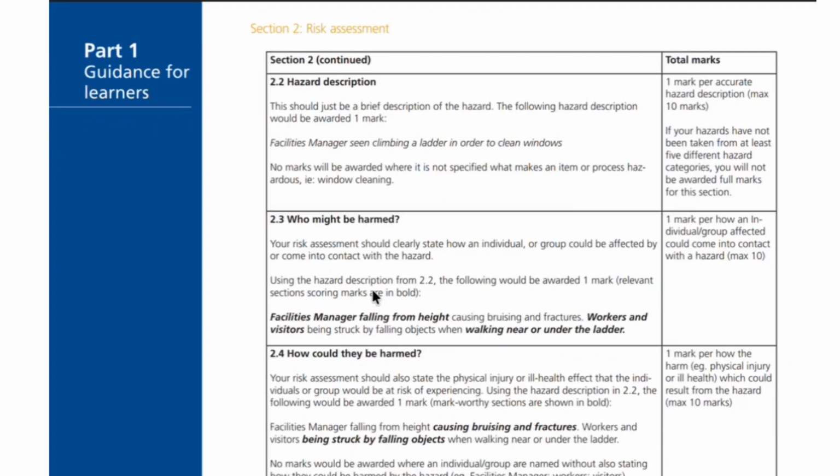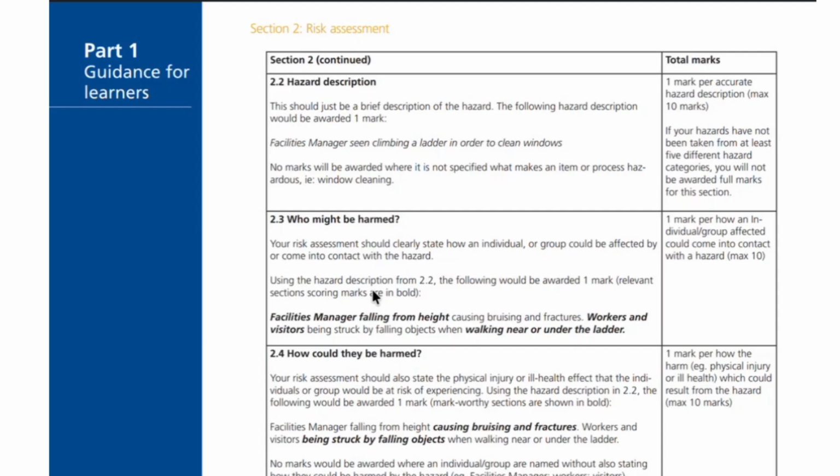Okay, the next one, section 2.2, hazard description. First you write the hazard category, then below that you have to write the hazard description. You have to clearly write what the hazard is, so that the examiner will understand what hazard is there in your workplace, because the examiner may not be familiar with your workplace.